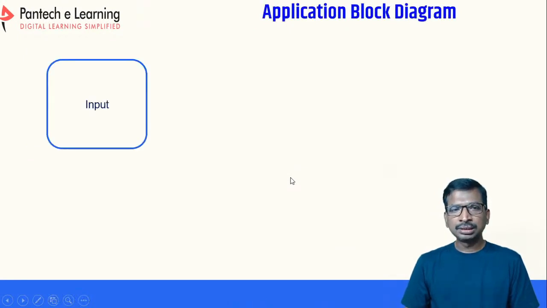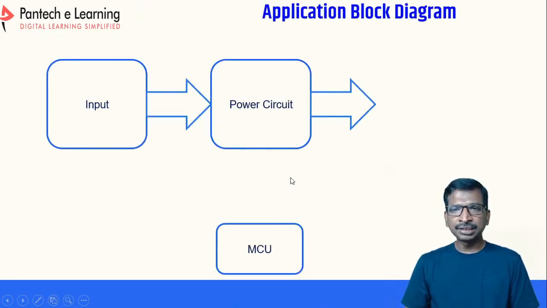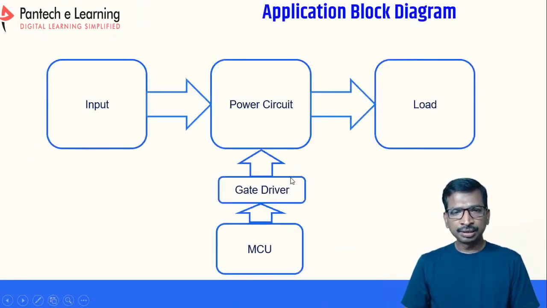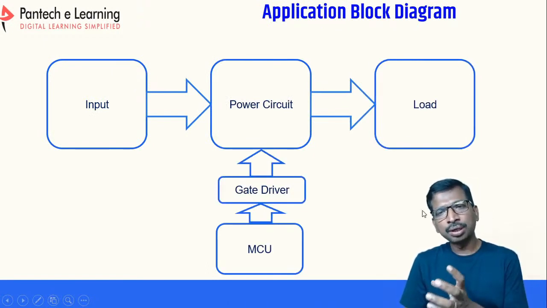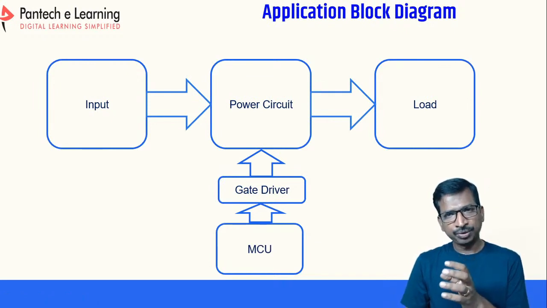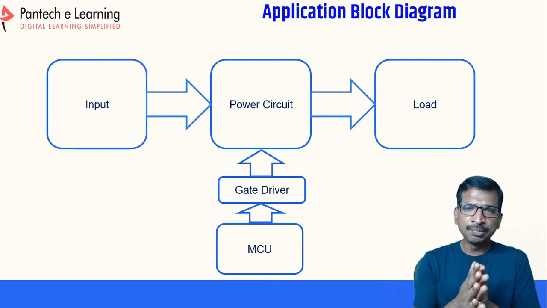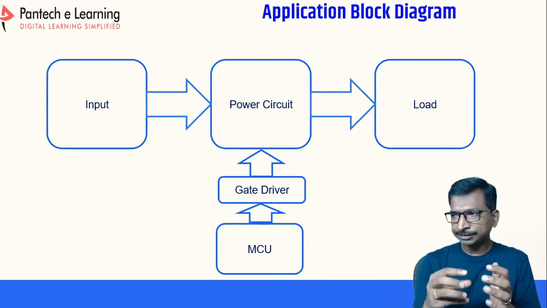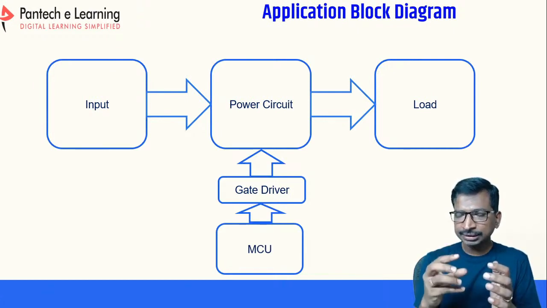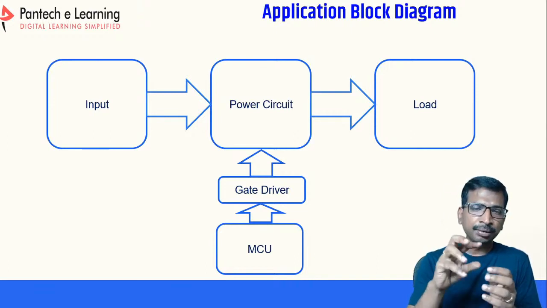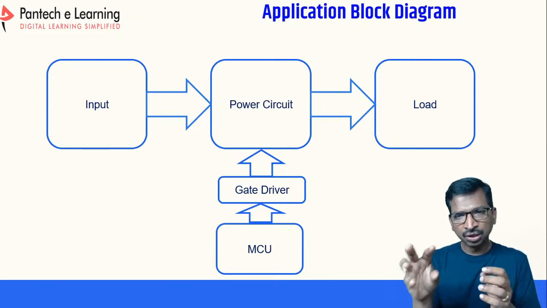If you take an application block diagram, this is the load, which means either a motor load or a battery. If you take an OBC model, that is the onboard charger model, the power circuit will be a DC to DC rectifier and the load will be the battery.